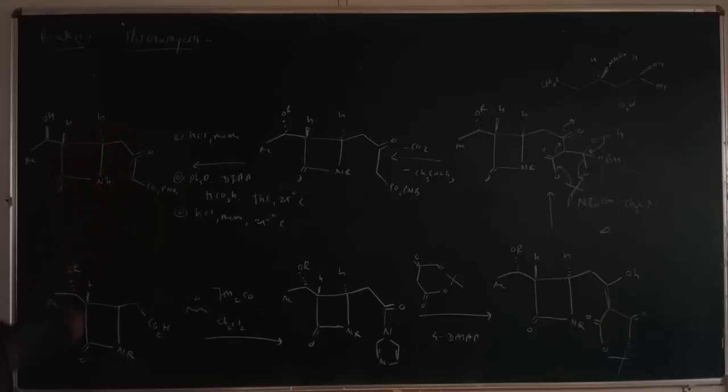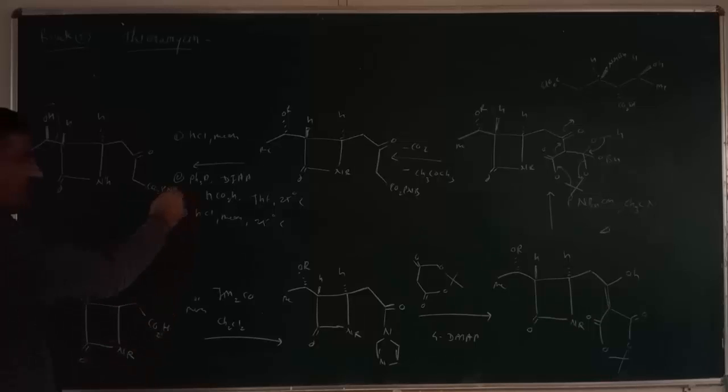Then in the further step we can introduce this cysteamine group into this molecule, and then it gives formation of thienamycin. That means the next route will be similar to the previous route which can be used for the synthesis, right? So here we can see that this OH group is converted from below to above the plane by using this Mitsunobu reaction.